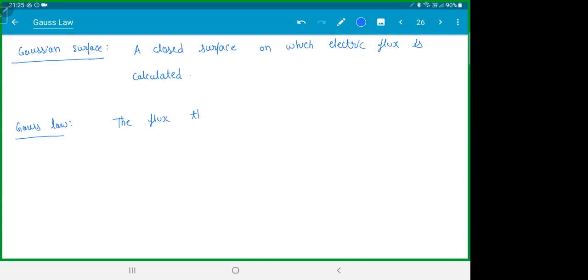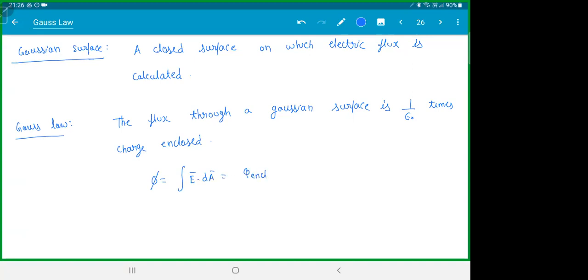The flux through a Gaussian surface is 1 by epsilon times charge enclosed. Flux will be integral E bar dot dA, which is equal to Q enclosed by epsilon.